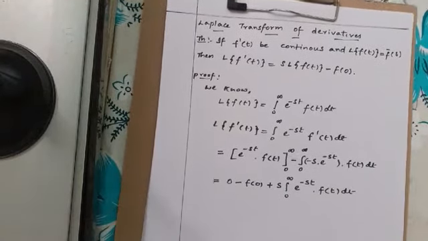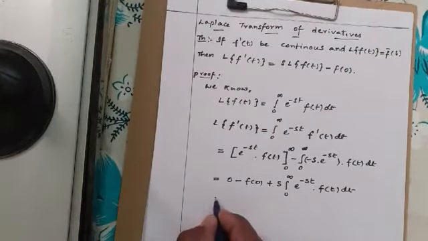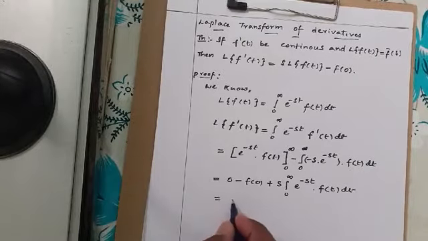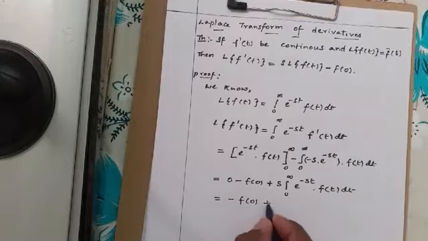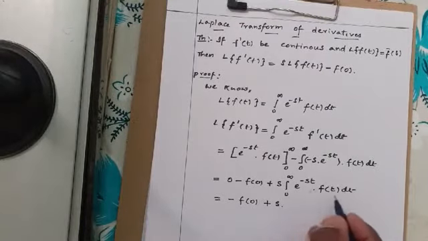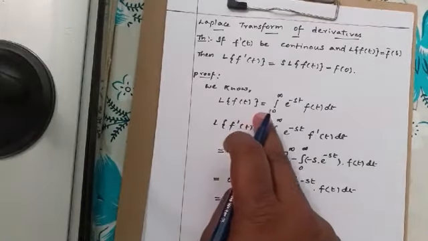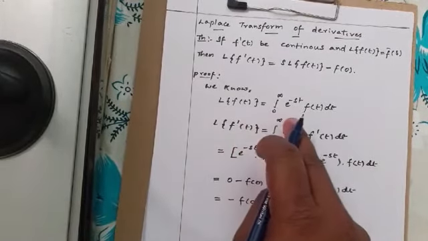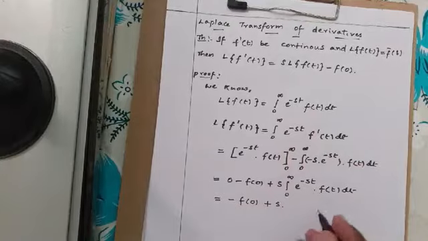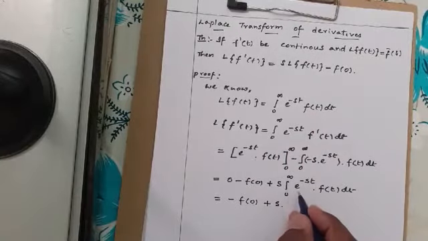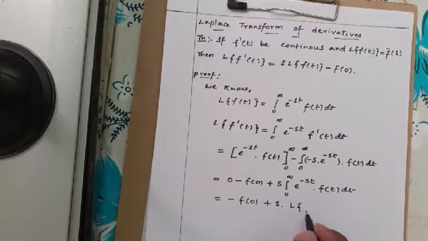Now you can see this is equal to minus f of 0 plus s into, now this whole term is nothing but, you have written here L of f of t is equal to integral 0 to infinity e power minus st f of t dt. In the place of integral 0 to infinity e power minus st f of t dt, we write only L of f of t, that is Laplace of f of t.